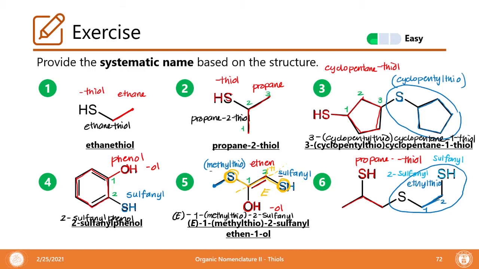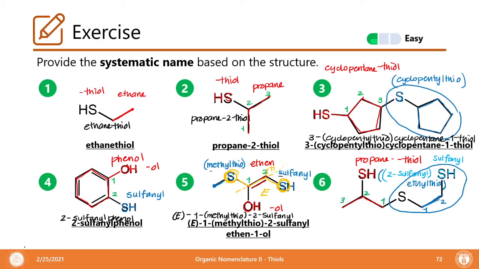Ethyl thio. Actually, we have to re-enclose it because it will become ambiguous. So we need to use two parentheses enclosing those two. So 2-sulfanyl ethyl thio propane. Let's do the numbering on the parent chain: 1, 2, and 3.